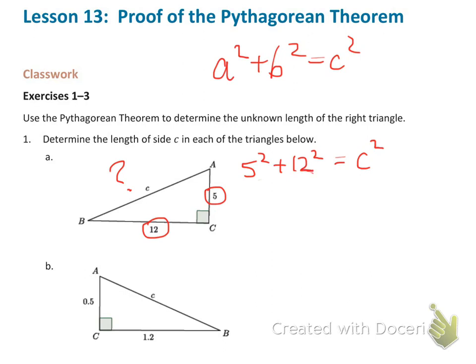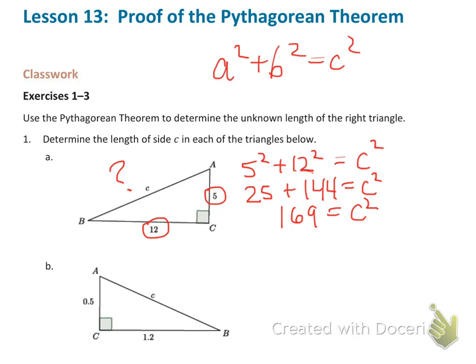Okay, so 5 squared is 25. I always have to do the exponent first before adding. And 12 squared is 144. Those two added together equal c squared. So 169 is equal to c squared.